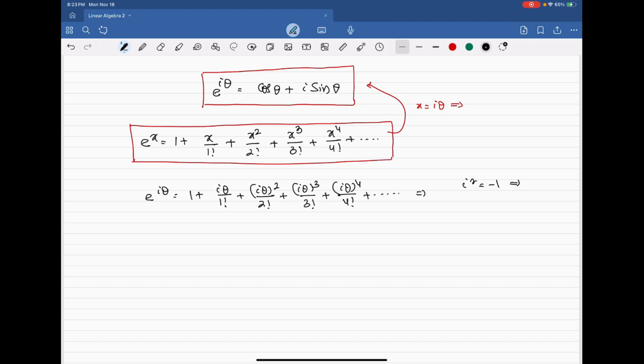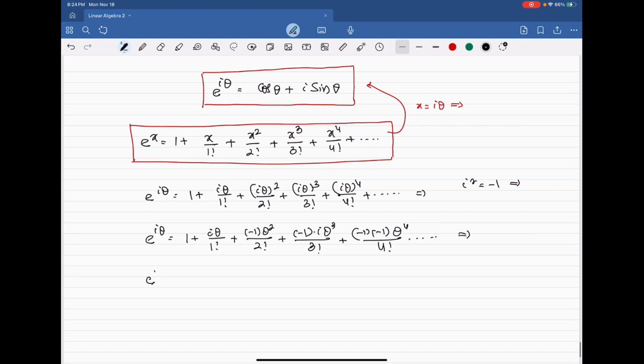When we apply this in this e to the power of i theta, what happens? e to the power of i theta is equal to 1 plus i theta by factorial 1 plus i square theta square, which is minus 1 theta square, by factorial 2, plus i cube, which is nothing but i square into i, and i square is minus 1, so minus 1 into i into theta cube by factorial 3, plus i square into i square is equal to i to the power of 4, that is minus 1 into theta to the power of 4 by factorial 4, and go on.